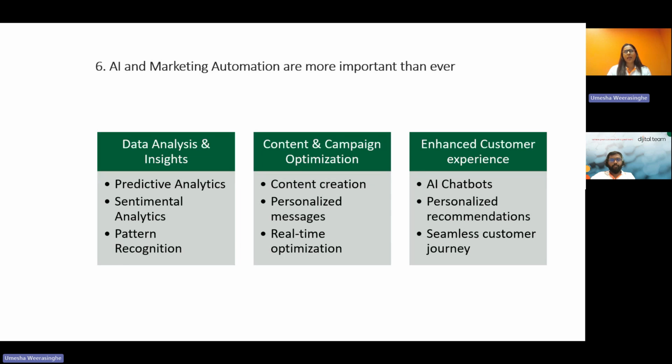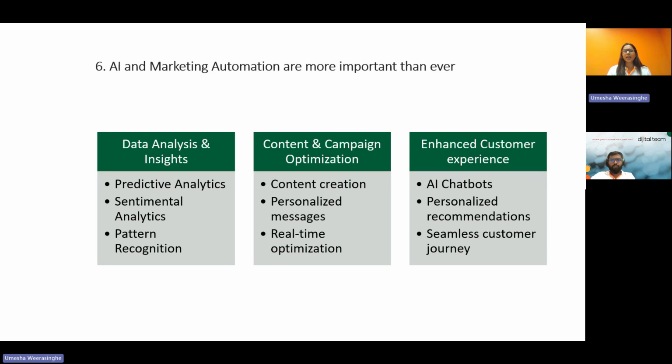Actually, marketing campaign platforms such as Google Ads and Meta now have this AI campaign optimization available. So you can use that in your campaign optimization and content generation, personalized messages.